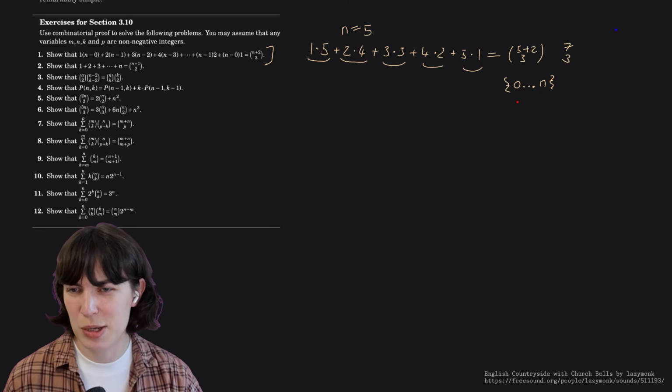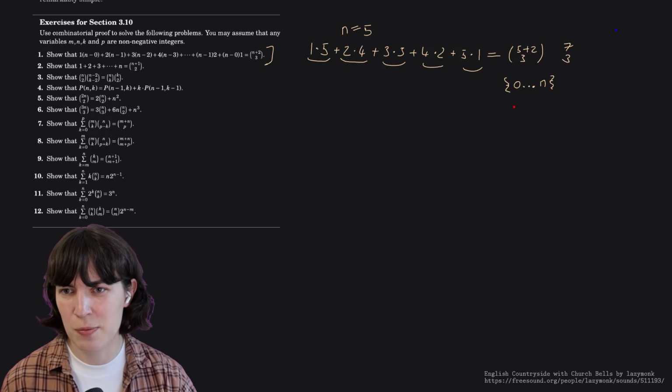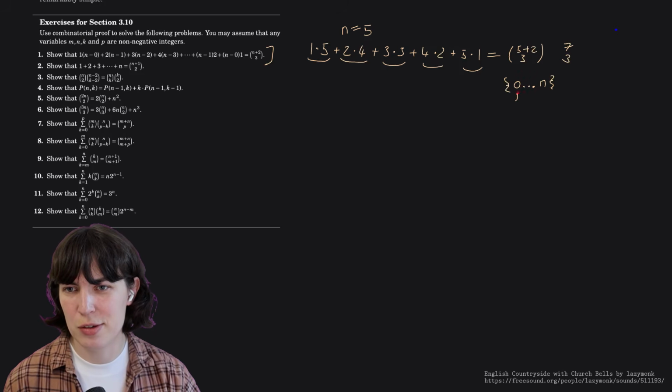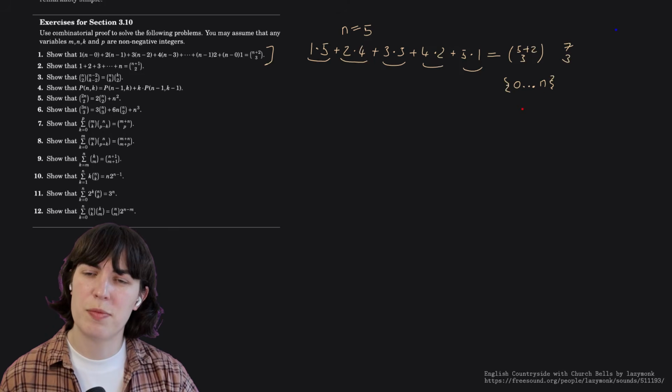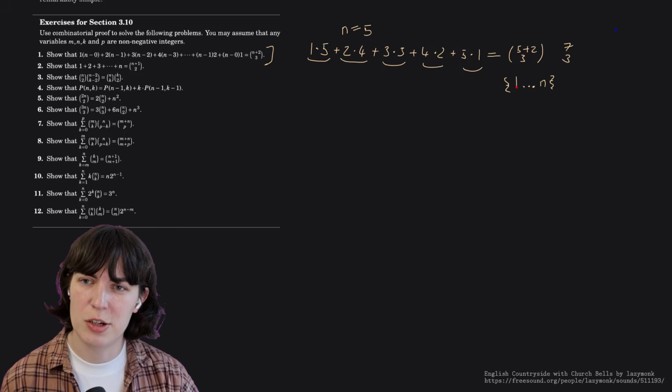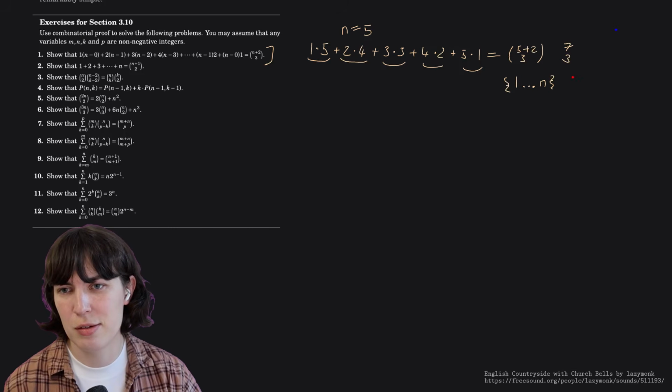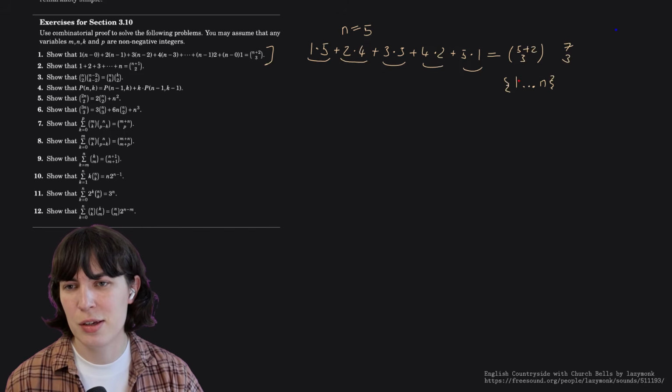How many does that have? Let's say if n is 1, this will actually have 2 elements. It'll have 0 and 1. So it's actually 1 through n would be 5.